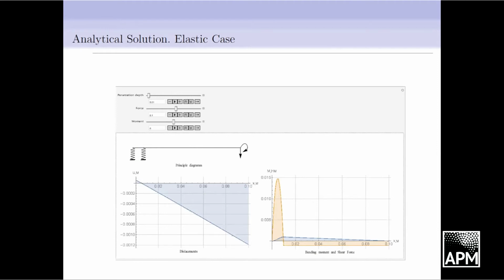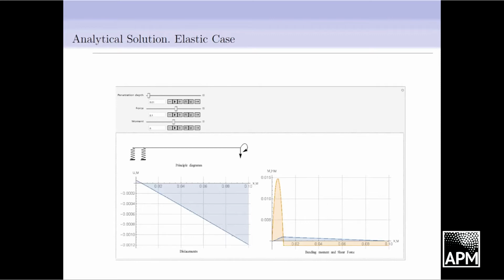Firstly, we can take into account only the elastic properties of the media in which the needle penetrates. So it's important to solve the problem of the beam that can bend, where part of the beam interacts with an elastic foundation. We can change the length of the part that interacts with the elastic foundation, but this length is only a parameter of the problem.